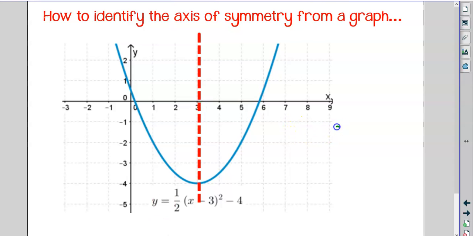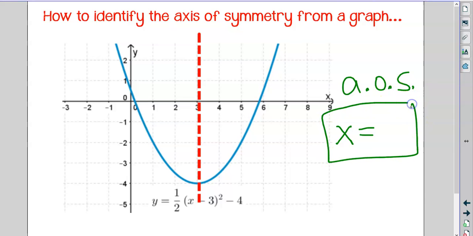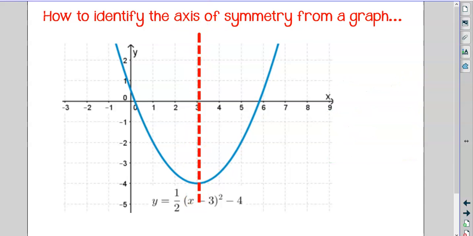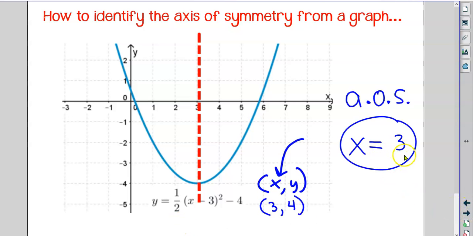So therefore, the axis of symmetry is always an x equals equation because it is always a vertical line. So the axis of symmetry for this particular graph is x equals 3 because the vertex x point is 3. So find the vertex, then you can find your axis of symmetry, also known as the AOS.